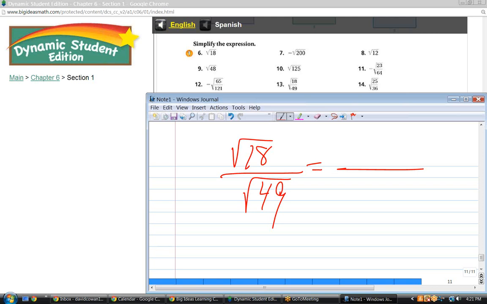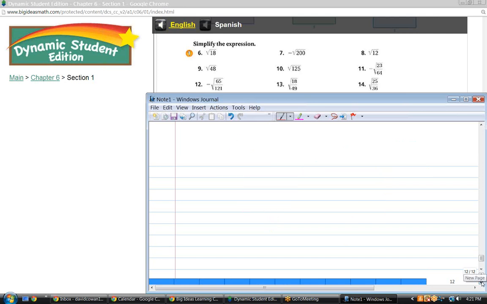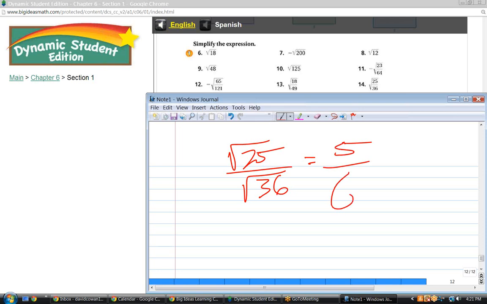Well, it'd be 3, and then root 2, and then 7. Good. 14. That's easy. It's 5, 6.